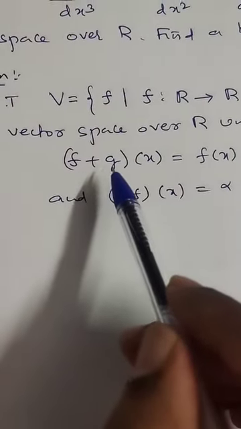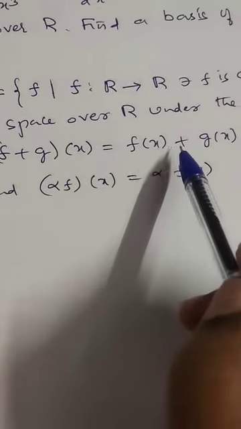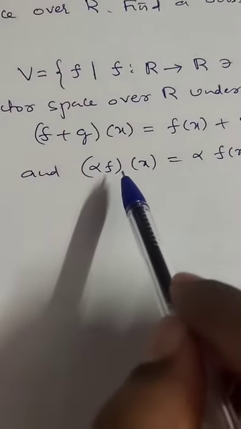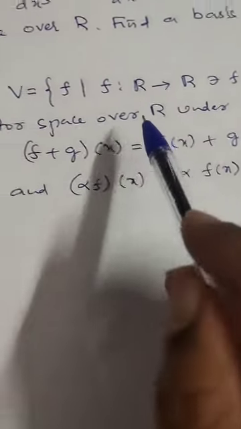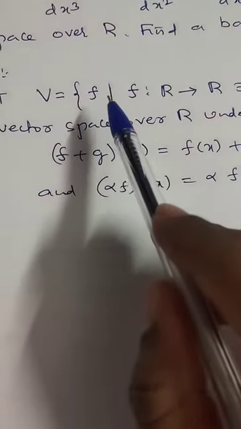Sum of functions, f plus g of x is f of x plus g of x, and alpha into f of x is alpha times f of x. With respect to these two operations, V, the set of real valued continuous functions, forms a vector space.